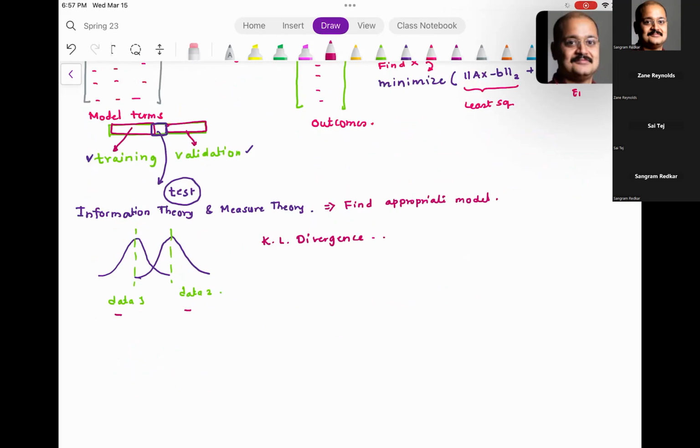Now, I want to give you not the information theoretic framework, but more intuition. If you have a model and you have a measurement, what we are trying to do is find out or compute the distance. And you can think about distance as an error as well: the error between the proposed model and actual data.